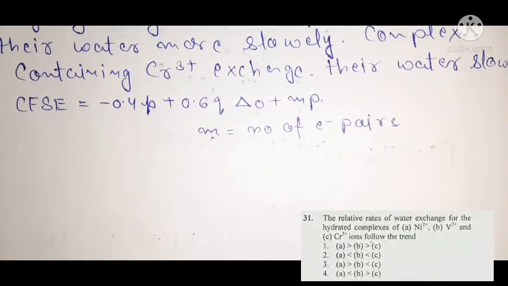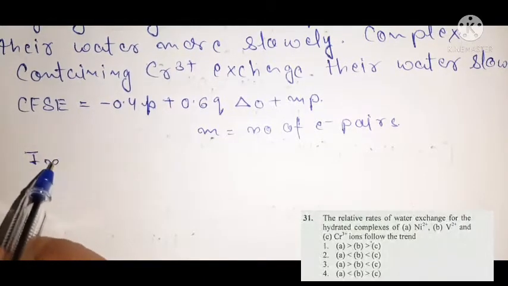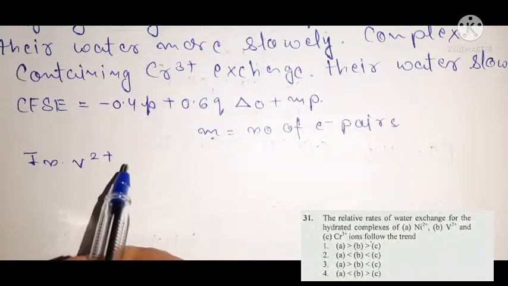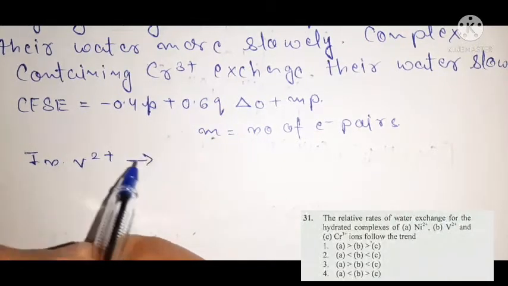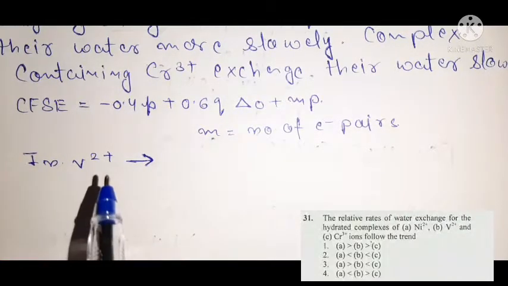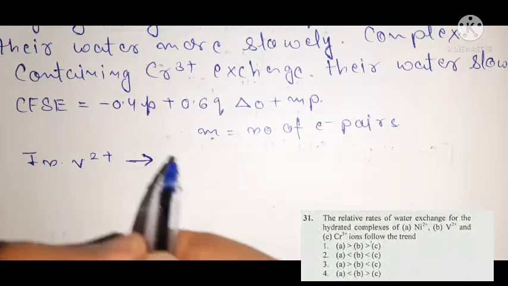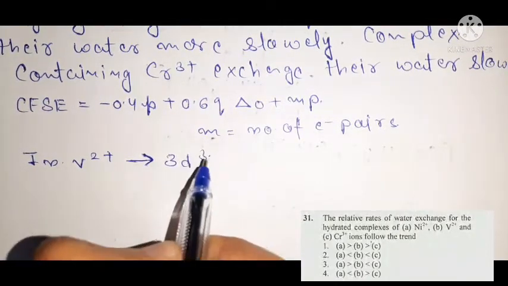So first of all, in the case of vanadium 2 plus, its electronic configuration is 3d3.